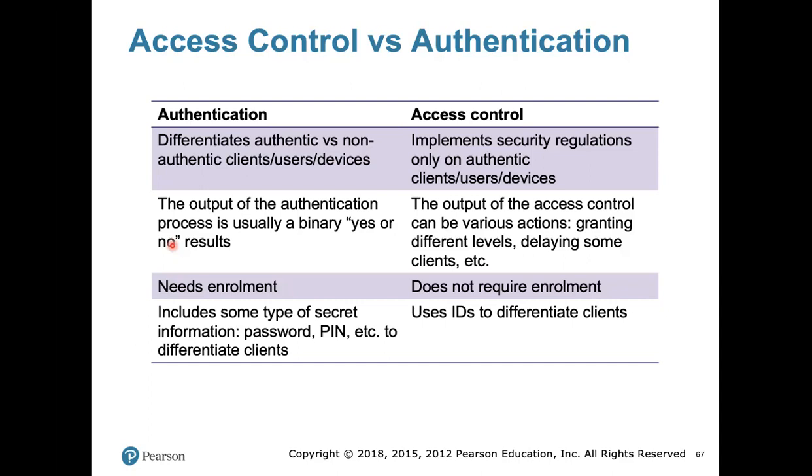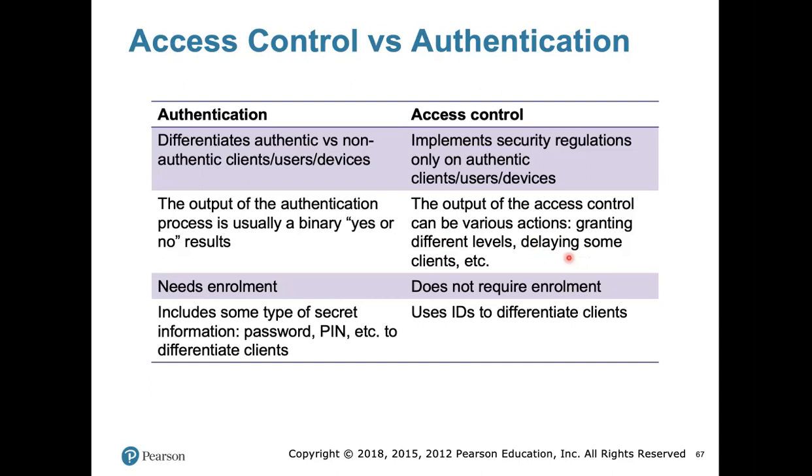While this is not the case for access control. In access control, the output might be many different things and many fuzzy things. It is not digital 0 or 1, yes or no. For example, it might be granting some level of access, or reducing the level of access, or delaying some clients. For example, two clients both have privilege to access a single file, but one of them has a higher priority and they want to access that file at the same time.